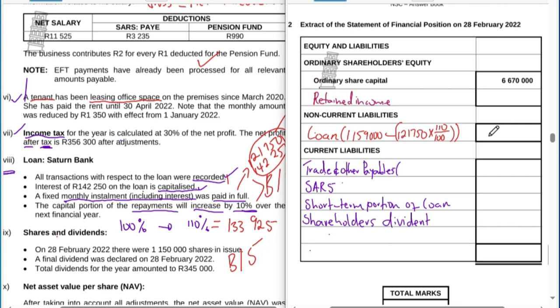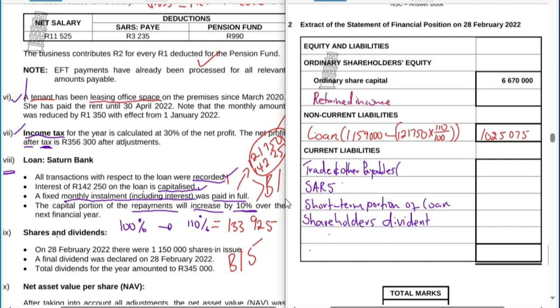So we are going to say 1,159,000 subtract 133,925, and then our final answer will be 1,025,075.